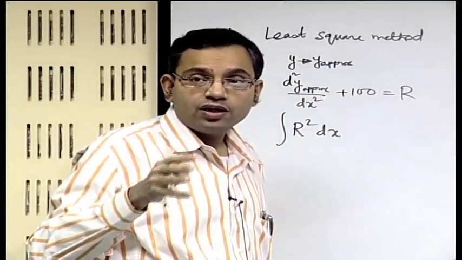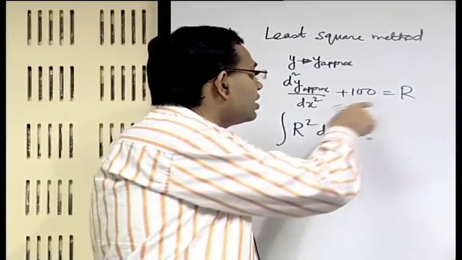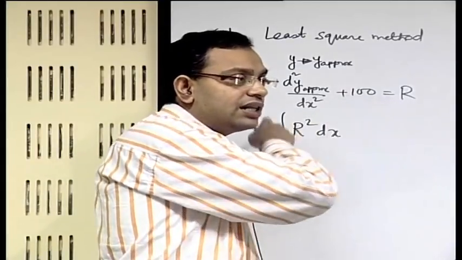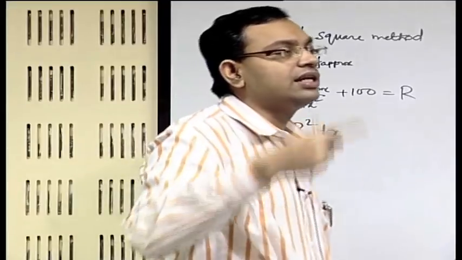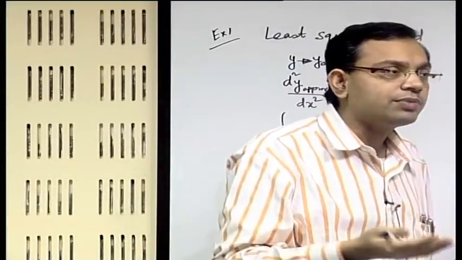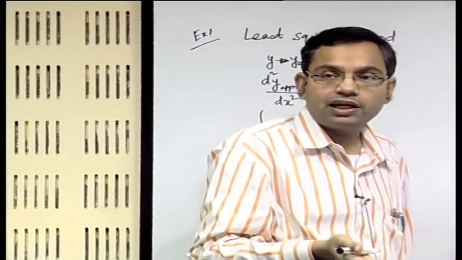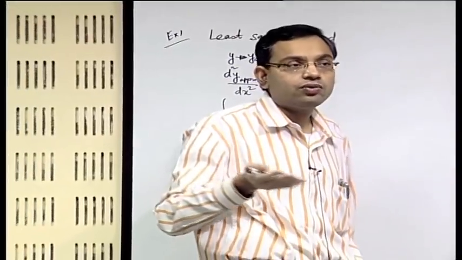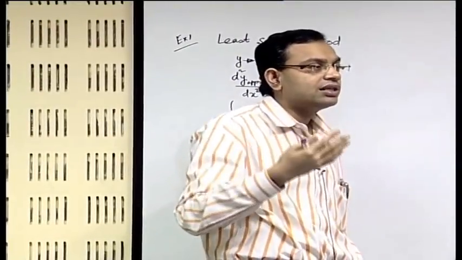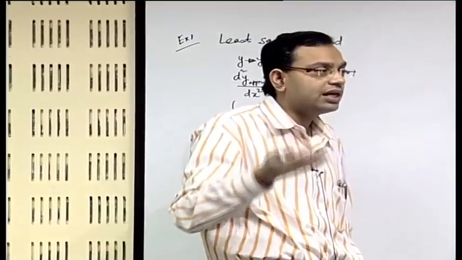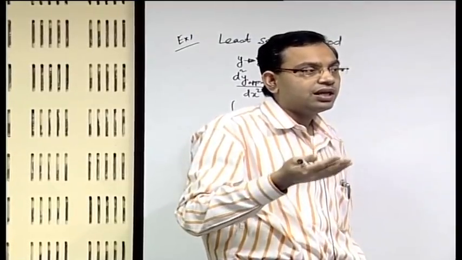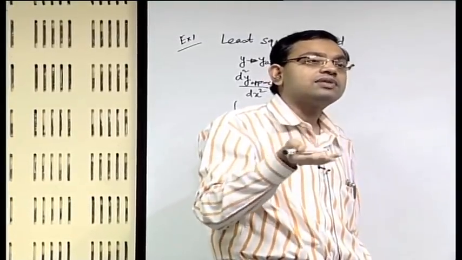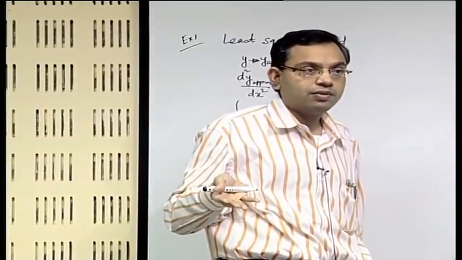Why square? Because if you just find out the residual itself and find the sum of it, then it can be misleading, because some of the residuals may be positive, some of the residuals may be negative, the total sum may be 0, giving a false illusion that the error is 0 or very small, but actually that may be because of nullification of some positive error with some negative error.